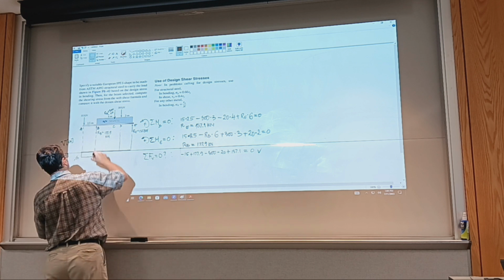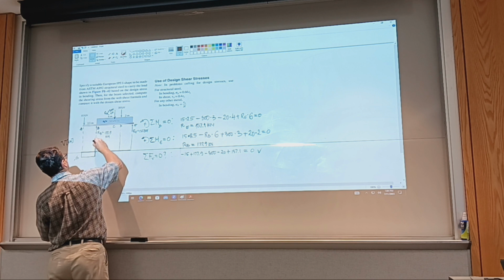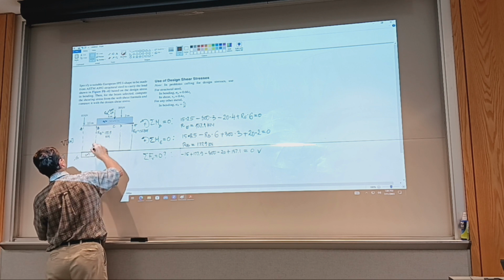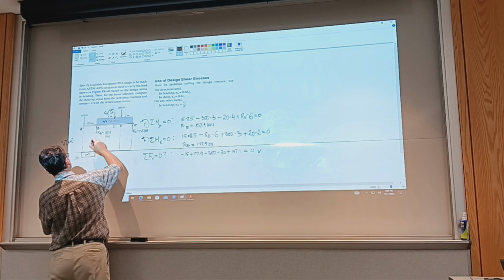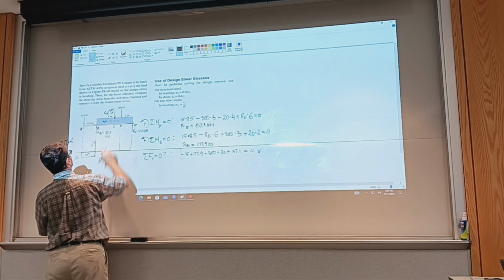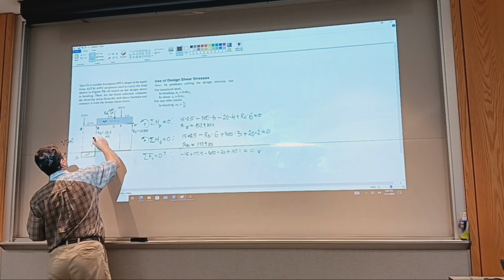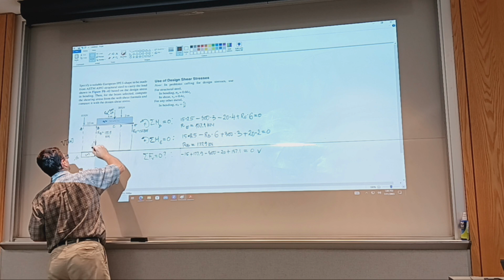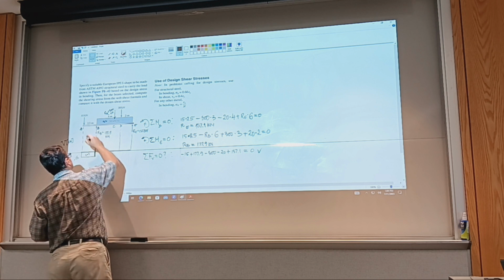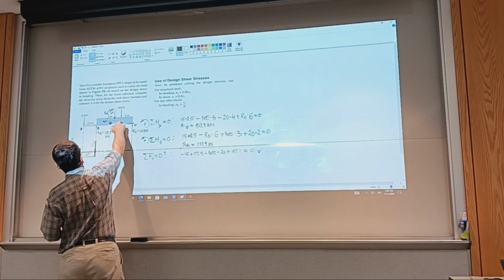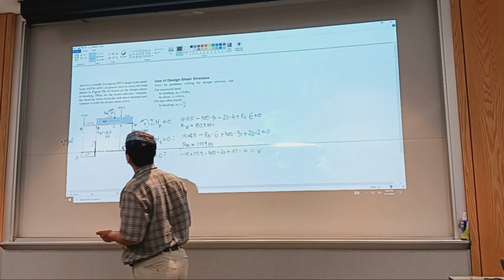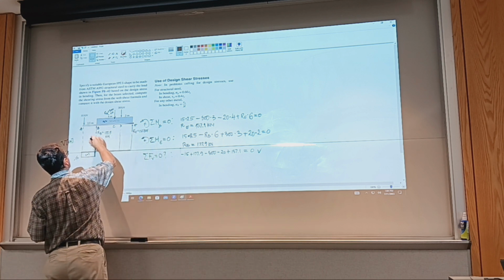So negative 15 plus 177.9 is 162.9 positive. So this was negative, and the jump was to 162.9 by the amount 177.9. Okay. And then I have a linear drop, with a slope of 50 kilonewtons per meter of the shear.